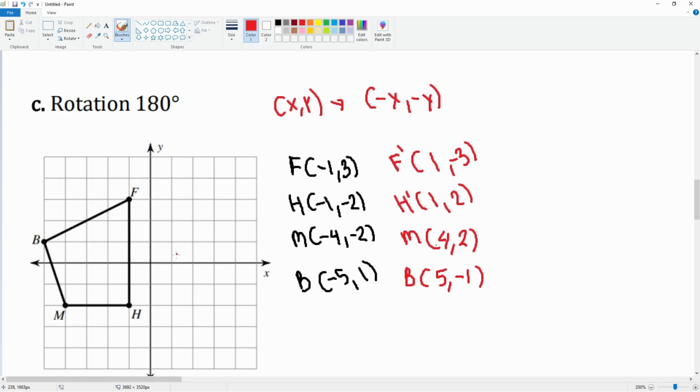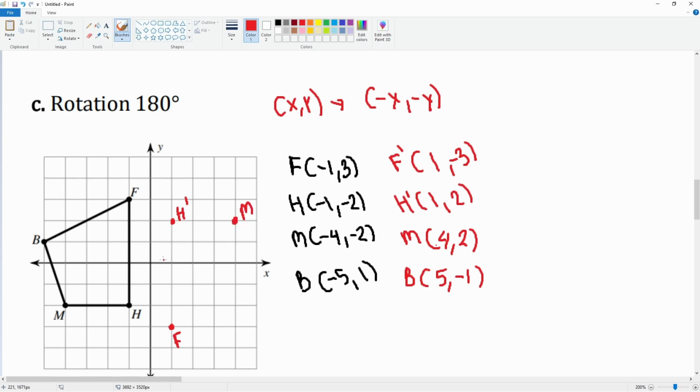All right, so F looks like it is at 1, comma -3. The H, 1, 2, 1, 2, 1, 2. M is 4, 1, 2, 3, 4, up 2.